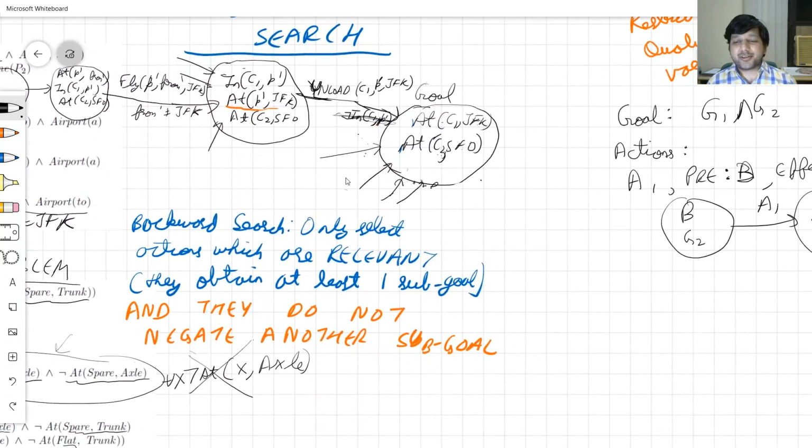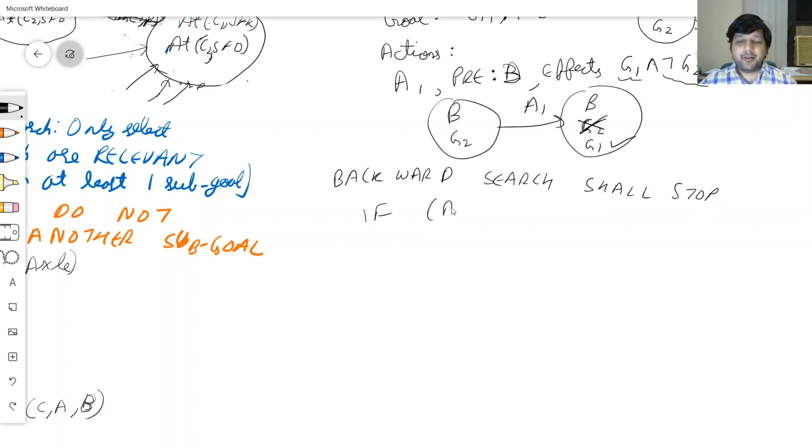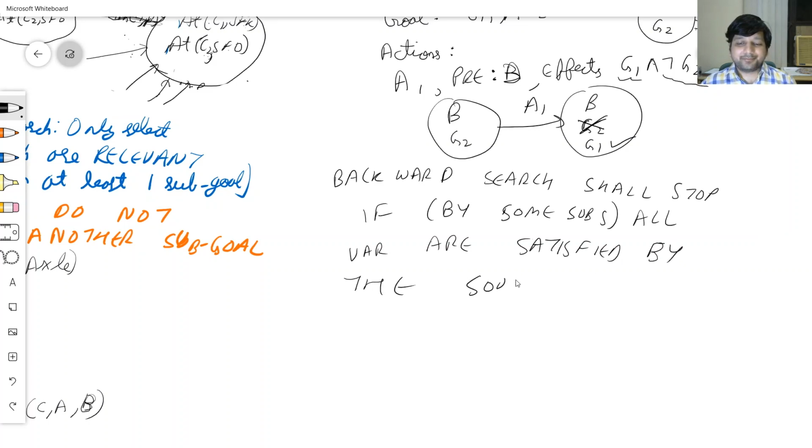Backward search stops. So a backward search shall stop if, maybe by some substitutions, all variables are satisfied by the source.